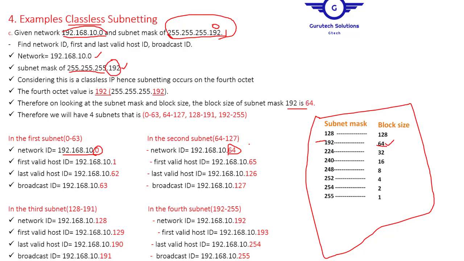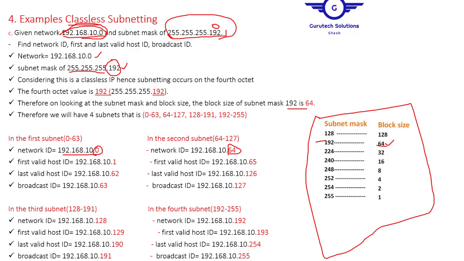Then we see that the subnet mask ends with 192. So when we compare 192 on the block size subnet mask table, we see that 192 corresponds to a block size of 64. So the first network ID should take the normal value here. That should be the network ID of the first subnet.